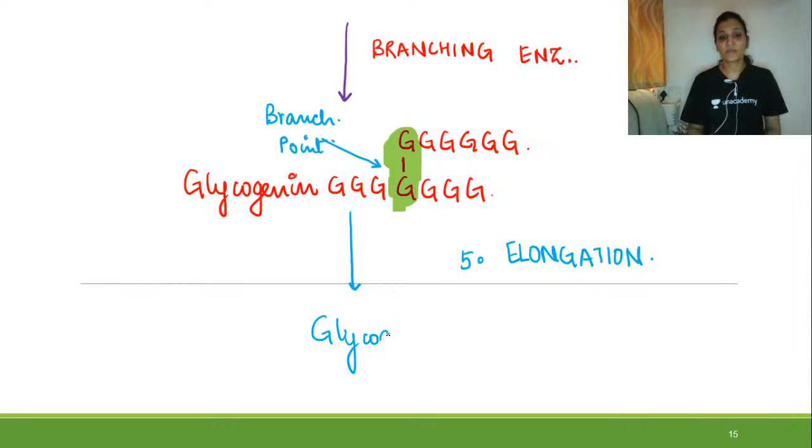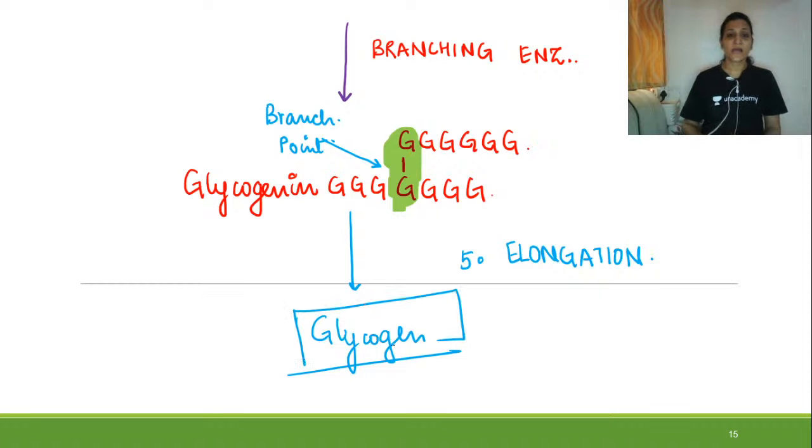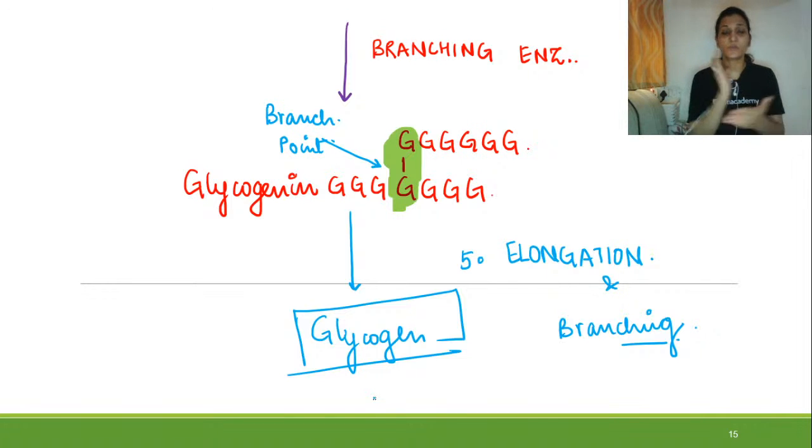So glycogen is formed after elongation and branching. Elongation and branching go hand in hand. If there is enough elongation, it will cut off and attach itself at some other place and lead into branching. So elongation and branching will keep occurring.